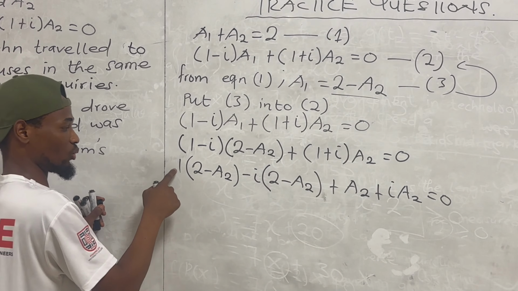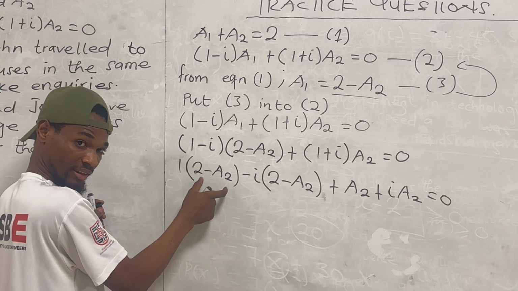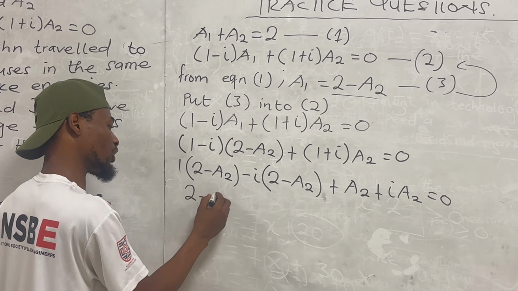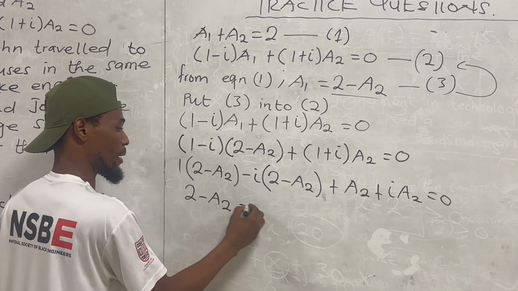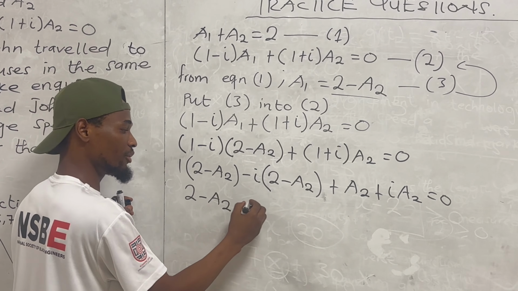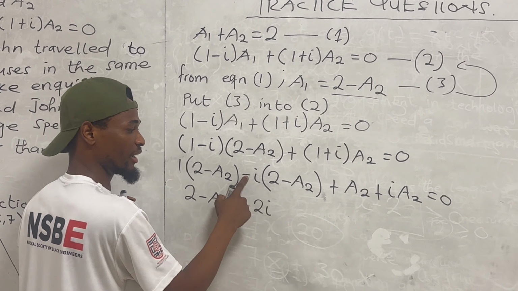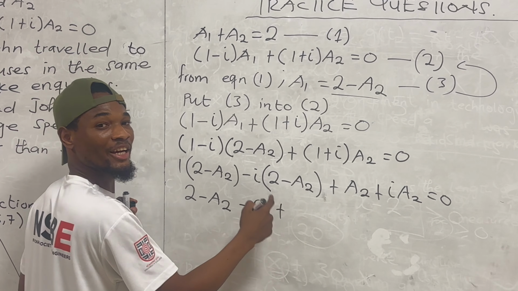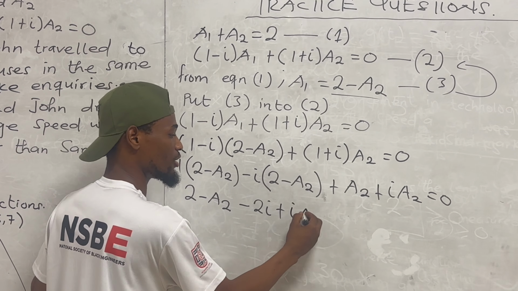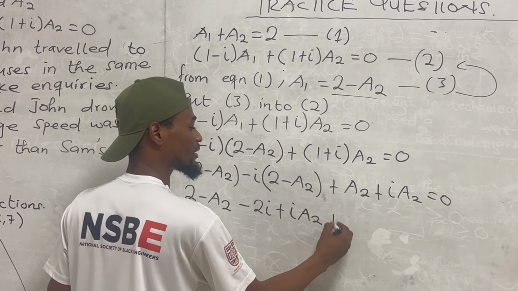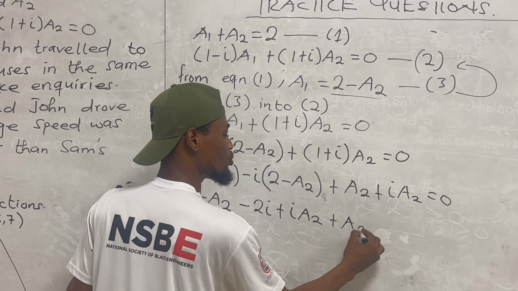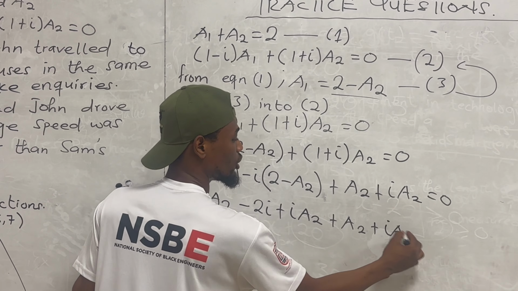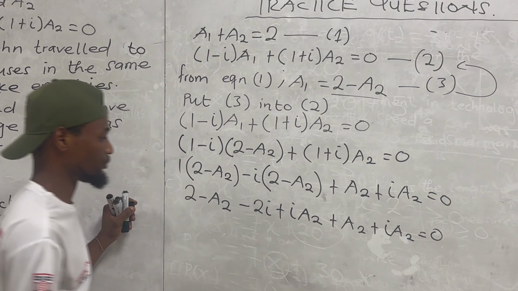I'll expand this. 1 times everything here is 2 minus A2, minus I times 2 gives 2I. Negative times negative gives positive I times A2, which gives I A2. Then plus A2 plus I A2 is equal to 0.